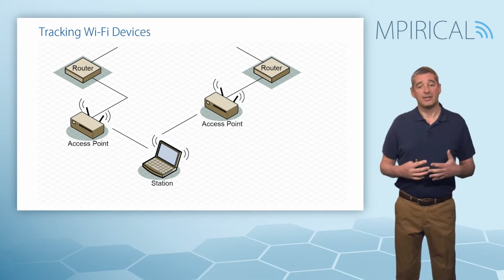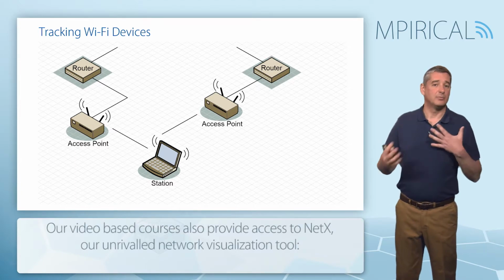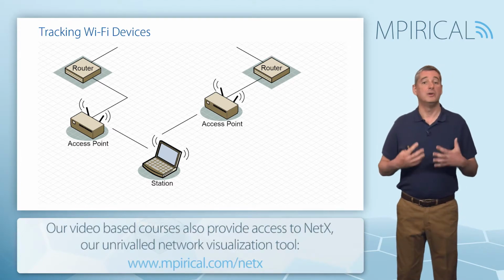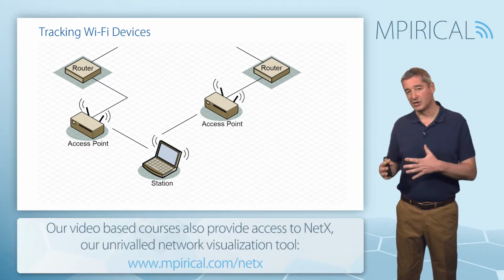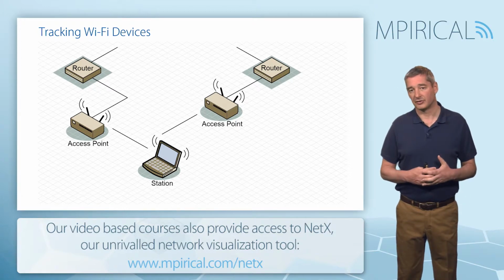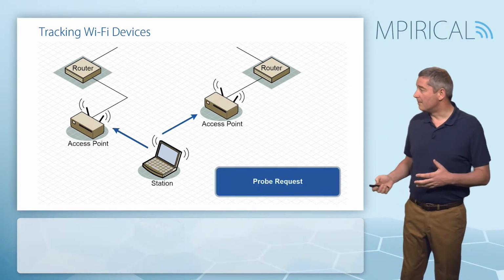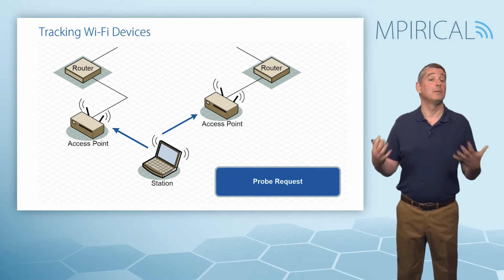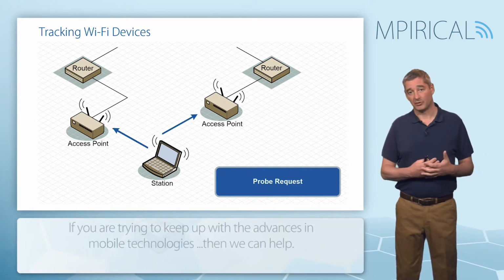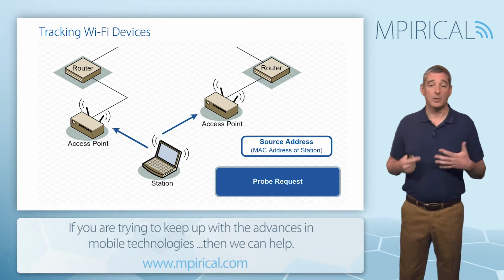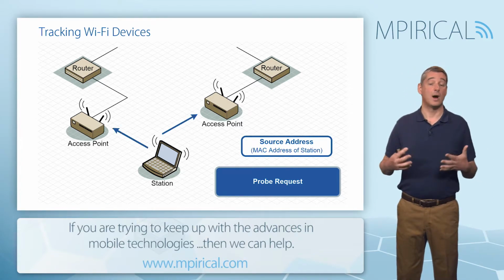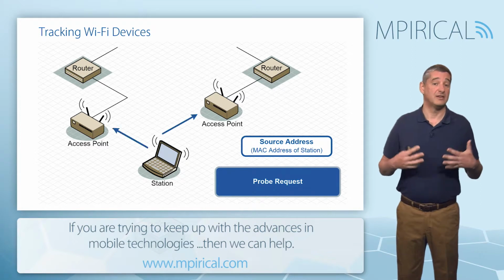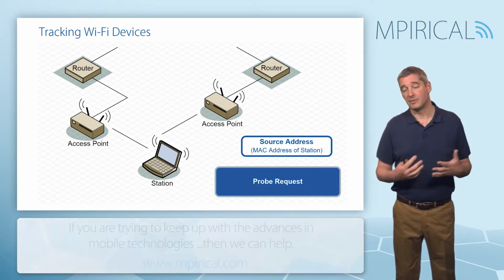Okay, the final thing we want to look at in this video is how this probe request and response can be used to actually track the location of a particular Wi-Fi device. Remember, by sending out the probe request messages, this information can be picked up by multiple access points. The probe request message is based on a standard Wi-Fi frame and therefore will contain the standard addressing information.